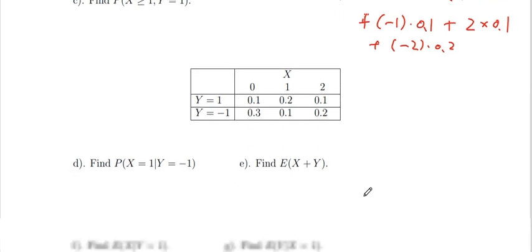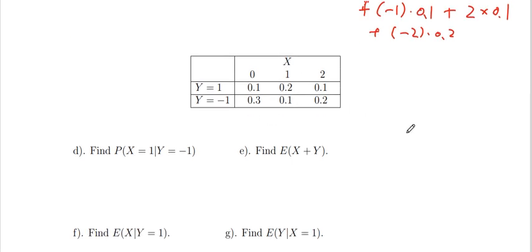Okay. So from here we can have many other problems. Let's check a sum. Here we find this. What is this? This is a conditional probability. We just focus on y equal -1.